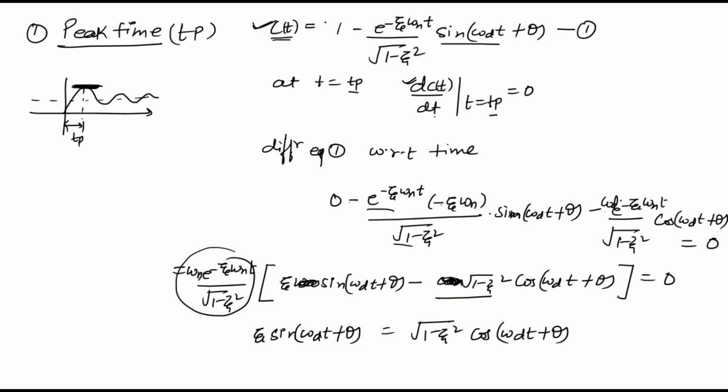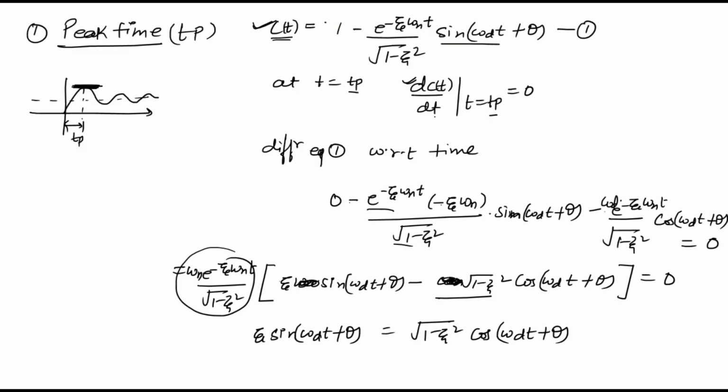So let me move to the next slide. I can write here tan of omega d t plus theta equals square root of 1 minus zeta square divided by zeta. Let me go to the previous slide and confirm this is correct. Yes.